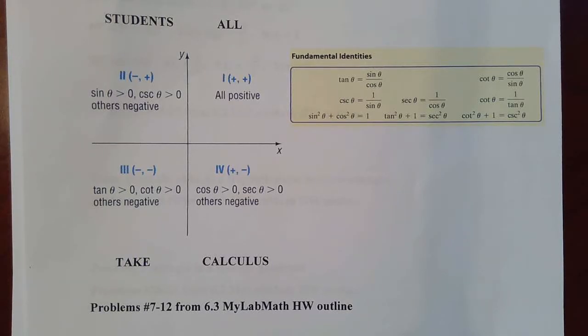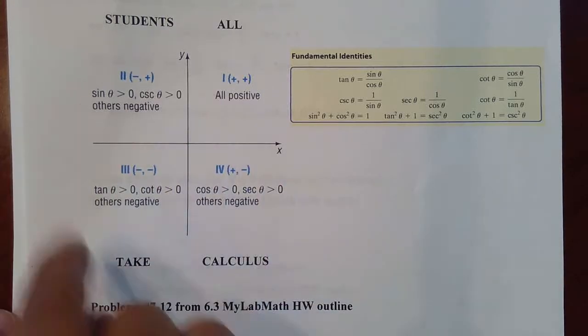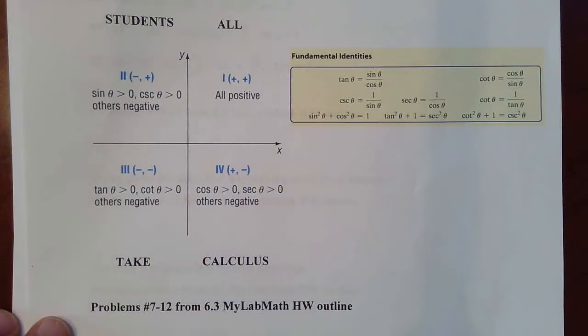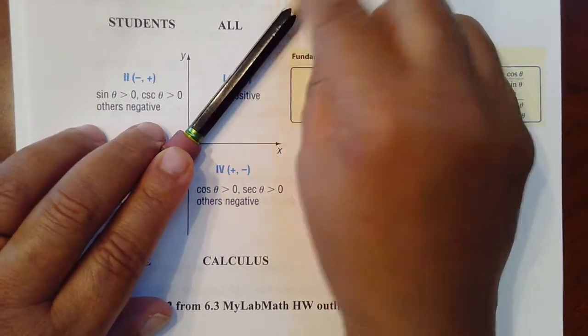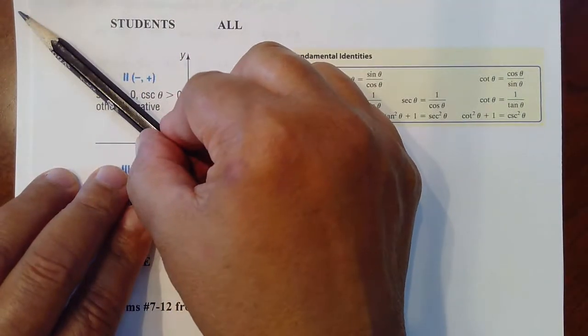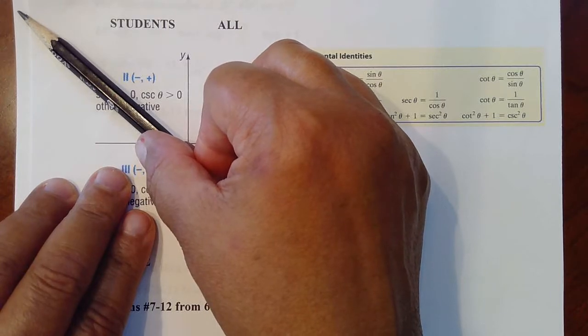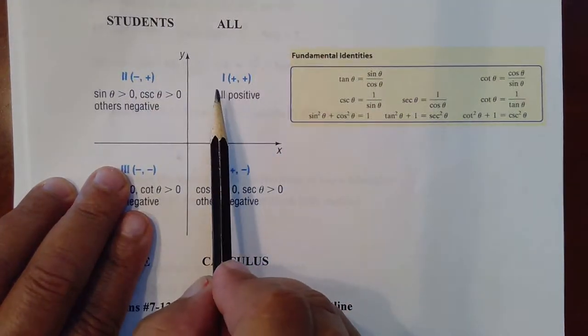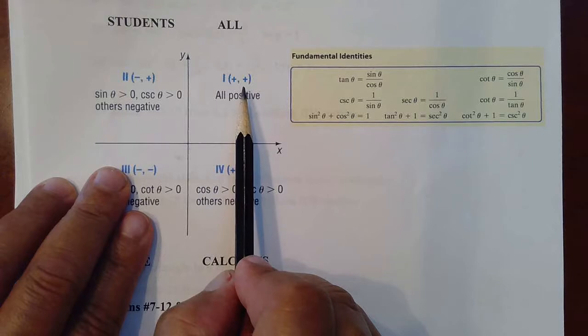Sometimes they're going to start you off in these problems, because you need to know where to rotate to. They can do that in a number of ways. They can say your central angle is 60 degrees. That means rotate to 60 degrees and draw your picture. They could say rotate to 120 degrees. That means you're over here and you draw your picture. And then you'll know whether your X's and Y's are positive or negative.